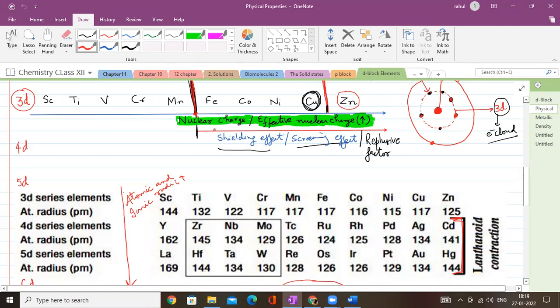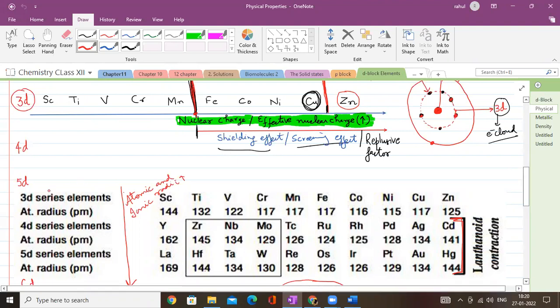But after the midway, the shielding, screening, or repulsive factor will try to counterbalance the effective nuclear charge. That's why the atomic radii after the midway become constant till copper. And at the end, due to interelectronic repulsion, I said the size or atomic radii will enhance. This is what we have done.